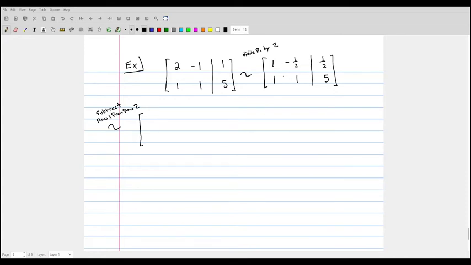From this matrix right here, we get still the same first row, but we get 1 minus 1 for this value, 1 minus negative 1/2 for this value, and 5 minus negative 1/2 for this value in the augmented matrix.